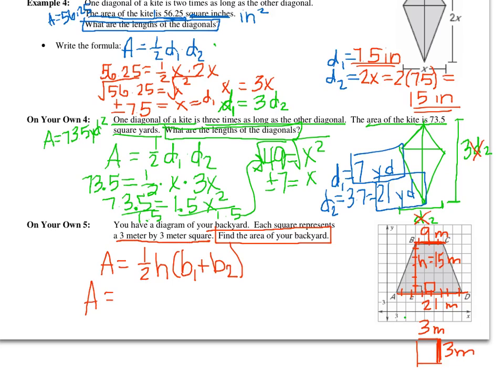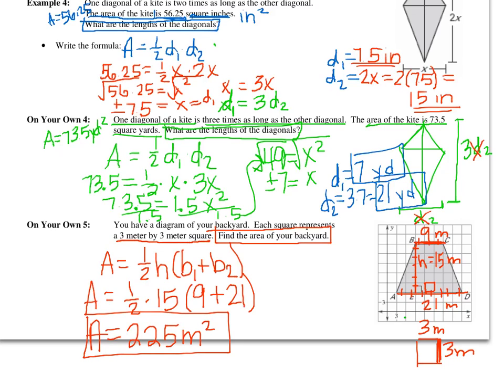So my area is going to be 1/2 times my height, which is 15, times one of my bases, 9, plus my other base, 21. So area equals, if you do 1/2 times 15 times the quantity 9 plus 21, you'll get 225, and then my units are meters squared. And that would be my final answer.